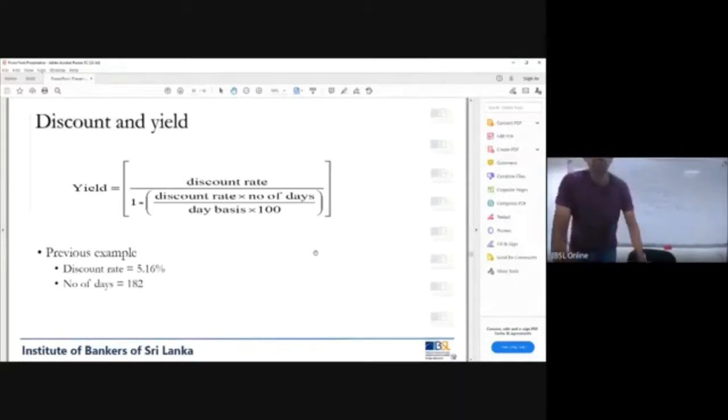Right. So how do you go from discount to yield? Now, yield can be calculated as the discount rate over 1 minus the discount rate in number of days divided by the day count basis into 100.